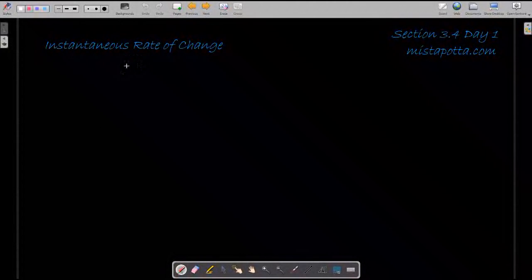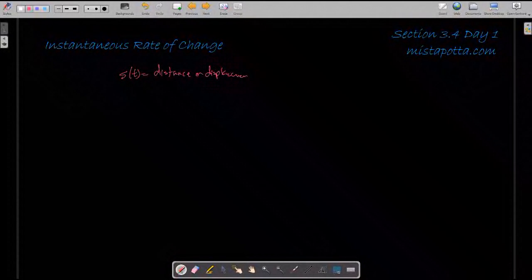So let's say that S of t represents the distance or displacement of an object. In other words, S of t is going to represent how far away from my starting position, or the distance that I have traveled.